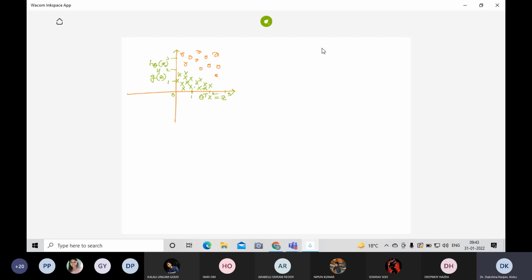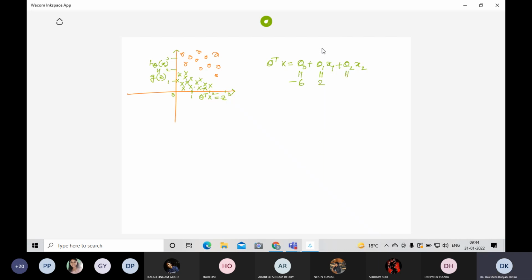In this classification problem, we have to define the decision boundary. What we have seen is theta transpose x equals theta 0 plus theta 1 x1 plus theta 2 x2. Here we have two data features and we have to estimate three model parameters: theta 0, theta 1 and theta 2. Let us consider theta 0 is -6.